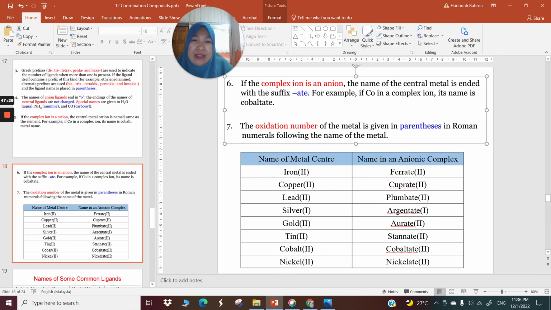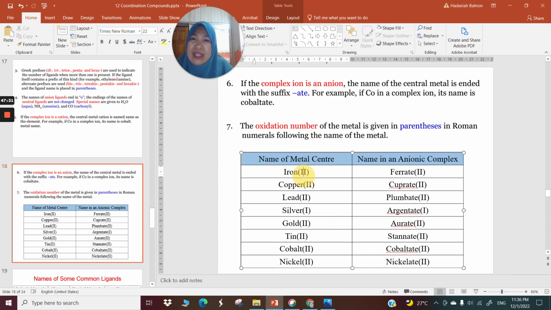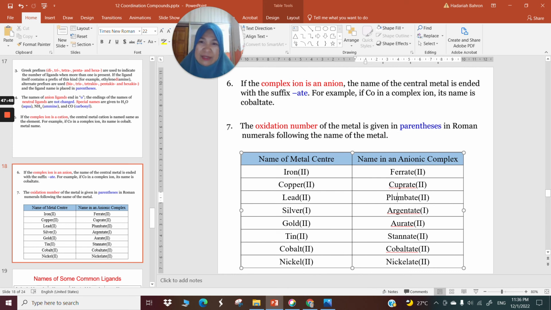So if it carries a positive charge, you say iron 2, for example. But if it is an anionic complex, it is ferrate 2. Copper 2 becomes cuprate 2. Lead becomes plumbate 2. Lead is plumbum, but we say lead. Silver becomes argentate.